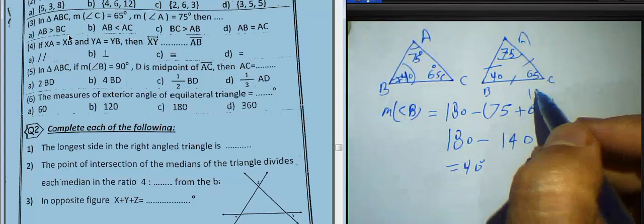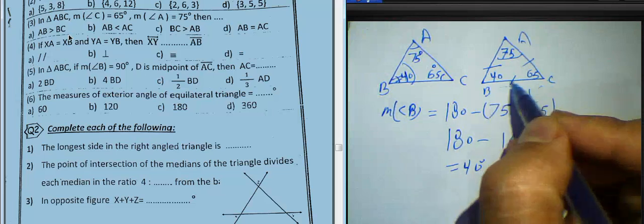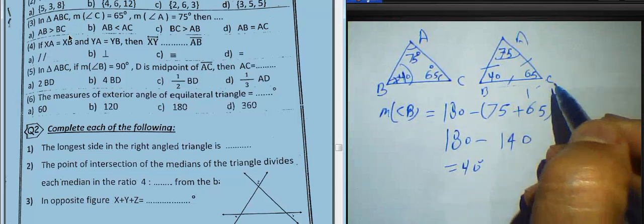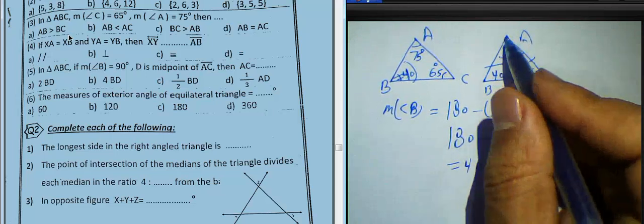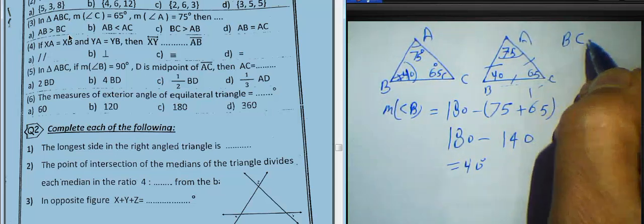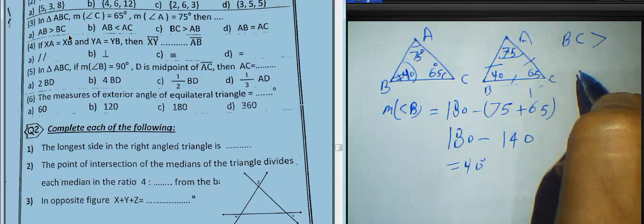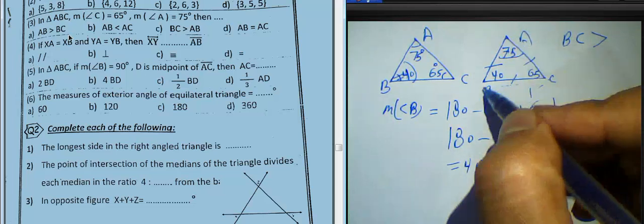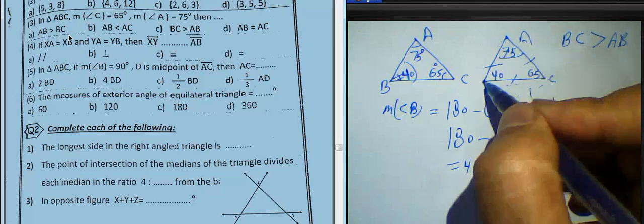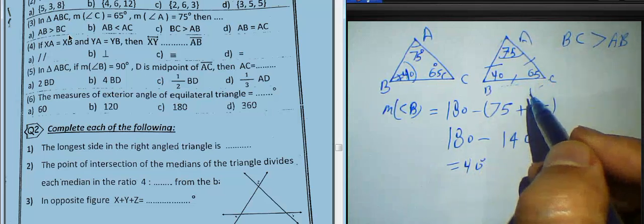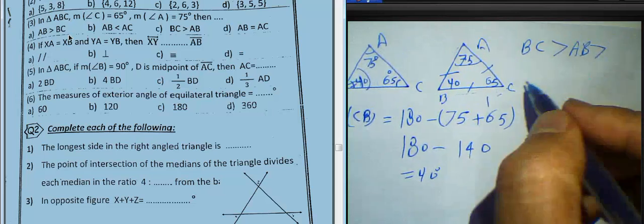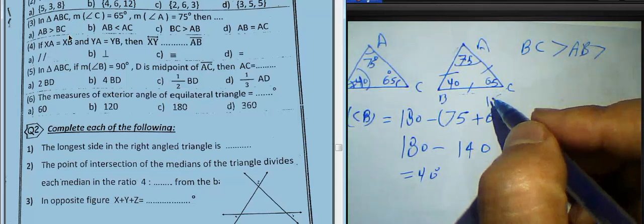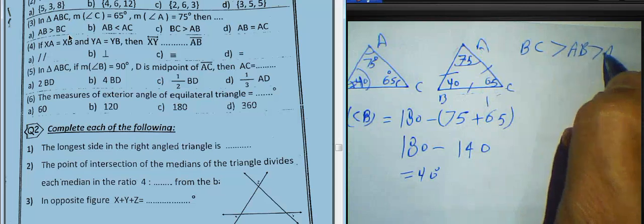BC is opposite angle A, so the length of BC is more than the length of AB, because AB is opposite 65, and angle B is opposite AC, then AB is more than the last one, AC.